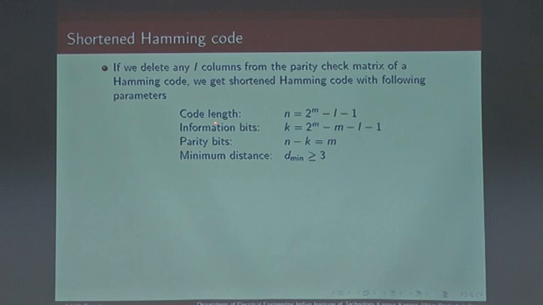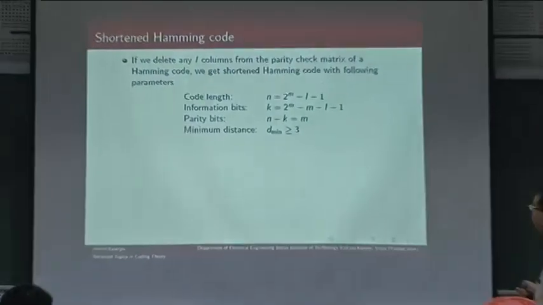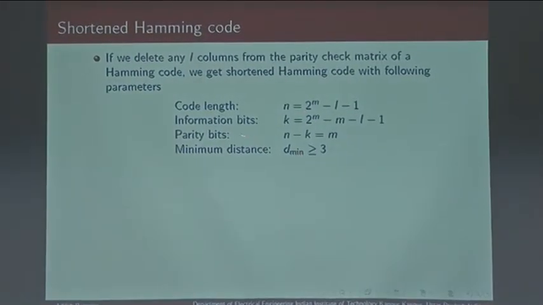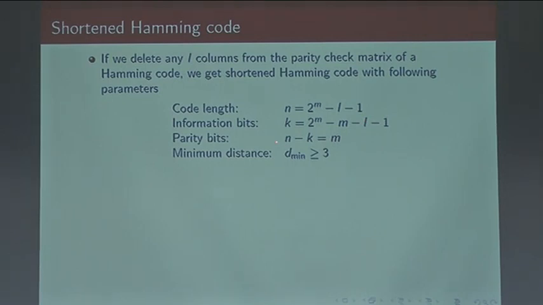So, actually then deleting L columns decreases your k also and decreases your n. So, earlier your n was 2 raised to the power m minus 1, now it is 2 raised to the power m minus L minus 1. Similarly, earlier your k was 2 raised to the power m minus m minus 1, now it is 2 raised to the power m minus L minus m minus 1.